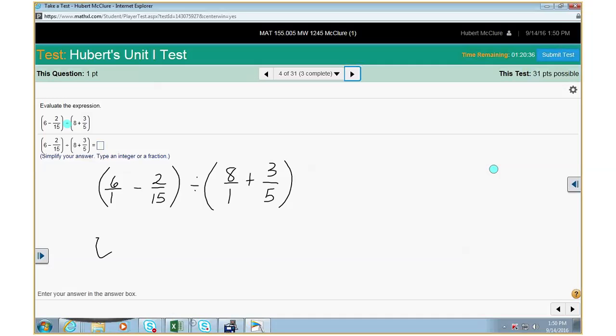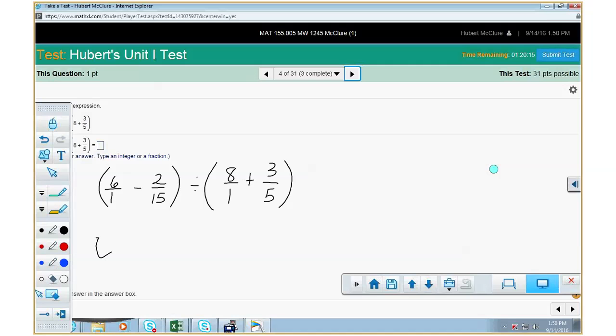One. One makes the problem, you have to work a little bit, but at the end of the problem, it's reduced as far as it'll go. Now, if you want to mess around and get a 15 and a 5 and cry about it when you get the problem wrong, I'm sorry. But I'm telling you how to do it, and that is to get a common denominator of what?